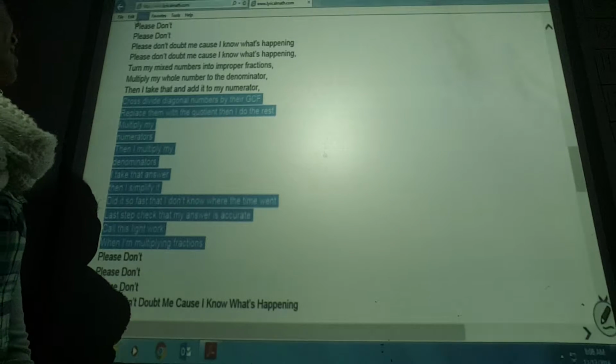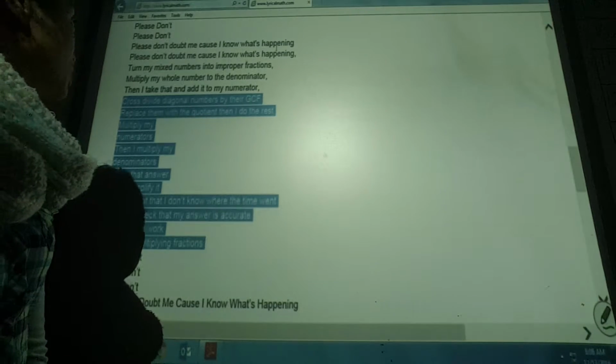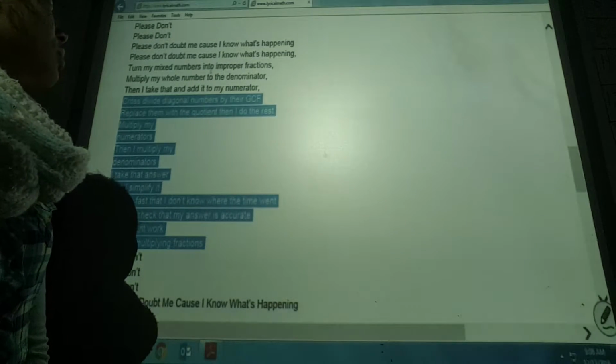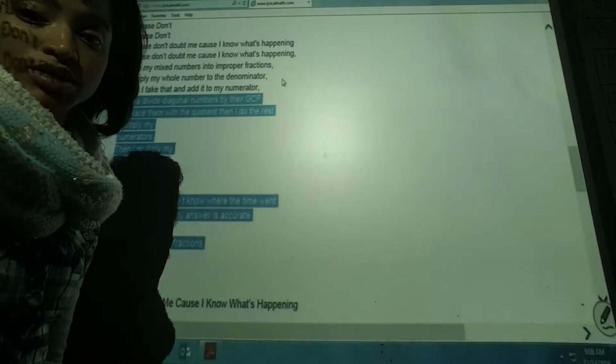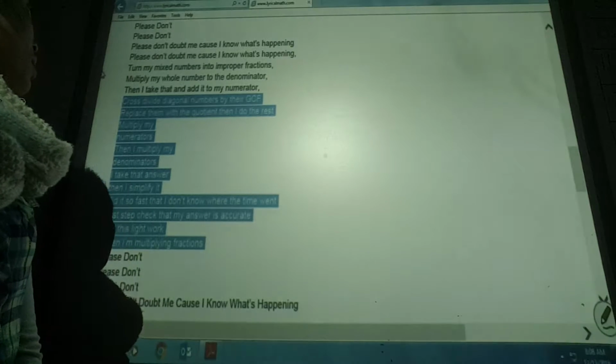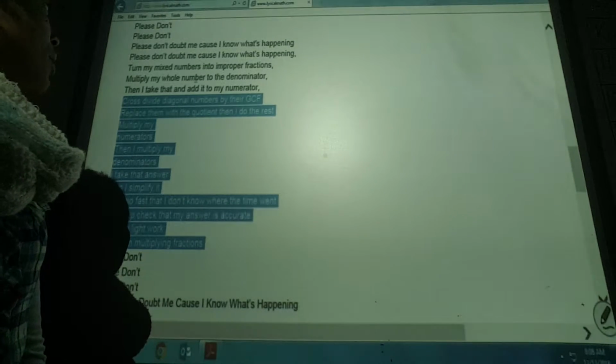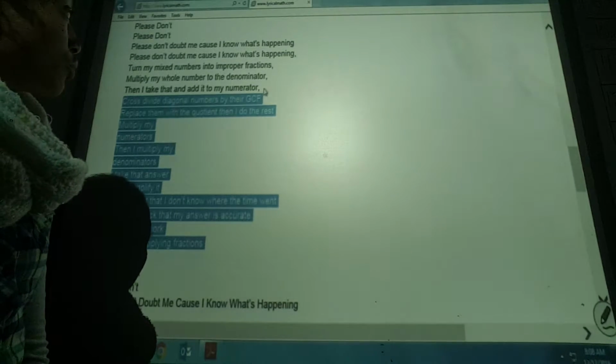Please don't doubt me because I know what's happening. Turn my mixed numbers into improper fractions. Multiply my whole number to the denominator. Then I take that and add it to my numerator.